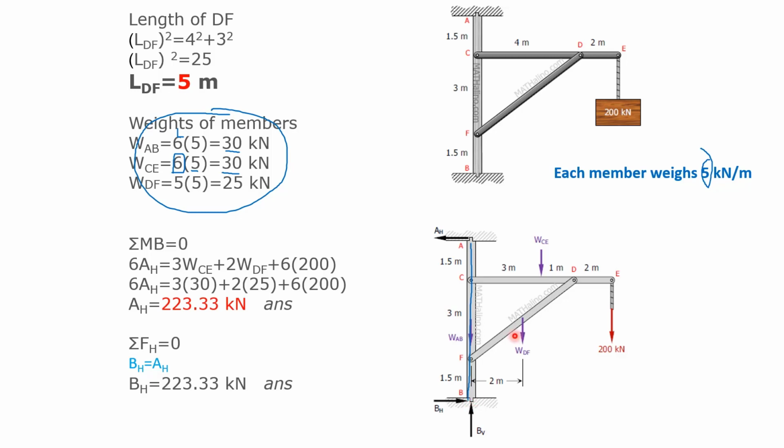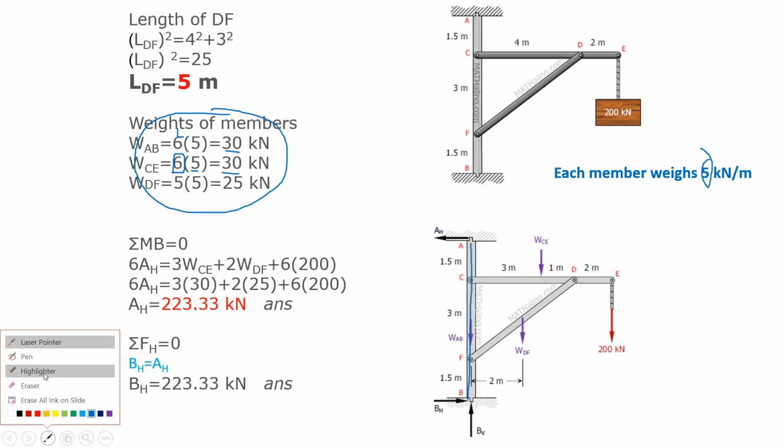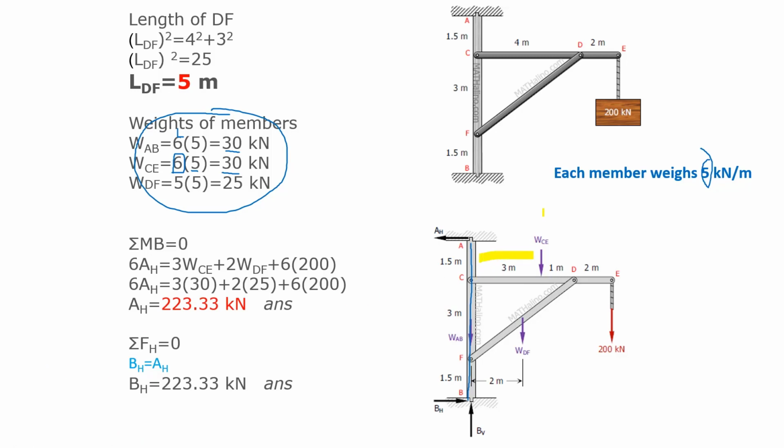First of all, WCE times 3, this length, and this length 3 meters, and the force is WCE. We are taking momentum for the point B. It is here. And next, WDF.